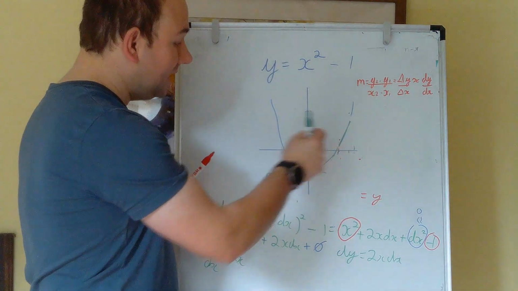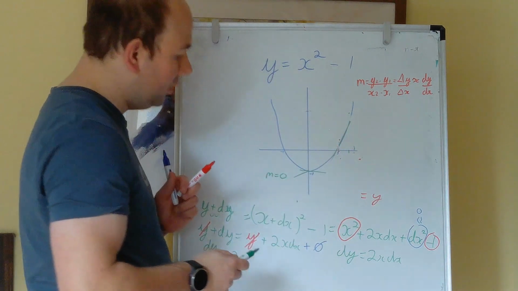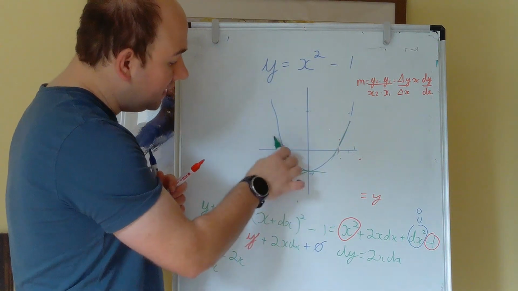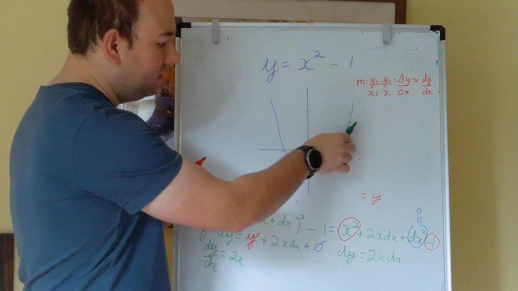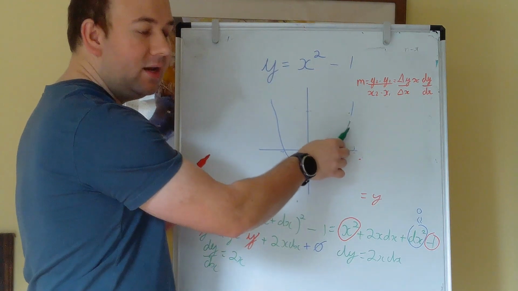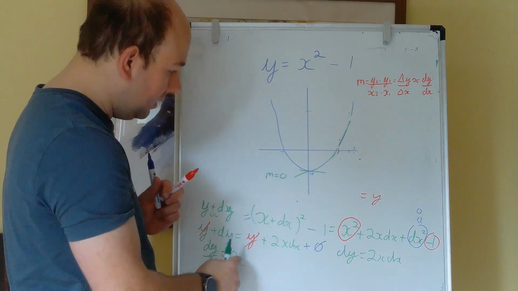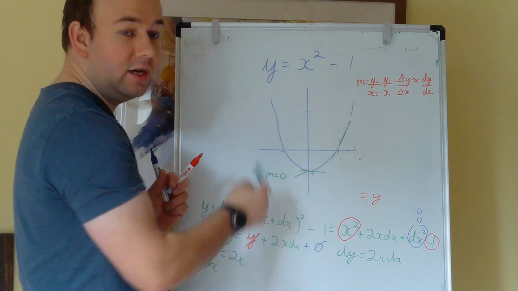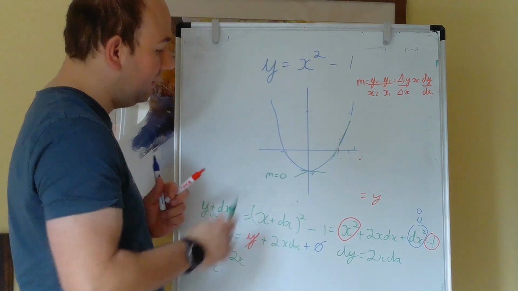If I wanted to find my gradient at x equals 1, I put 1 into this, so my gradient here is equal to 2. If I want to find my gradient on this side of the graph at -1, this graph is symmetric, so it should be the same value of the gradient, but there should be a minus sign in front of it. So if I put 2 times -1, that's minus 2, so our gradient here is -2, and that corresponds to the positive gradient on the other side.